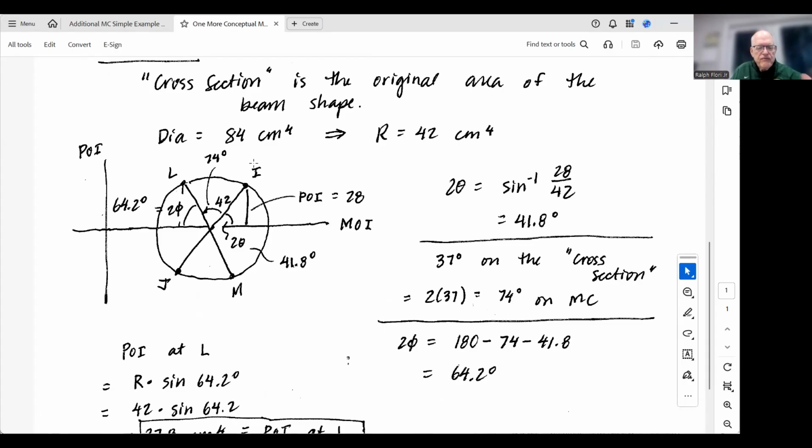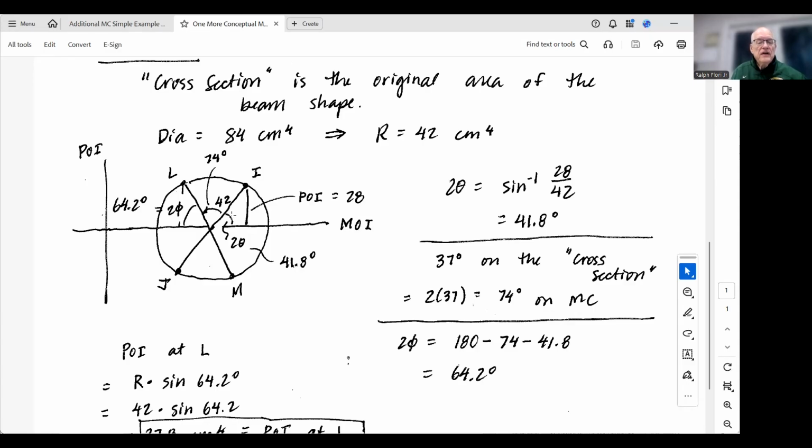Remember, ij are perpendicular on the original area, but they're 180 degrees apart on the circle. So for some point I, we have a product of inertia, which is positive 28, and we know the radius, which is 42. So that actually gives us enough of that diameter and that side, and knowing it's a right triangle gives us enough information to find this angle.